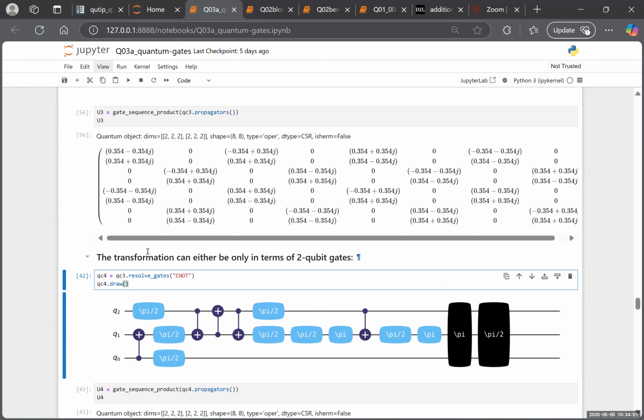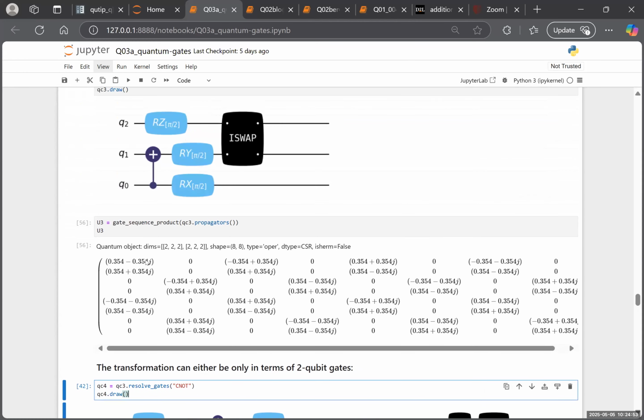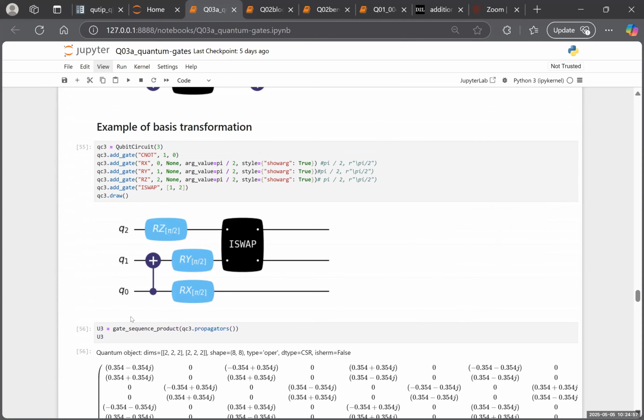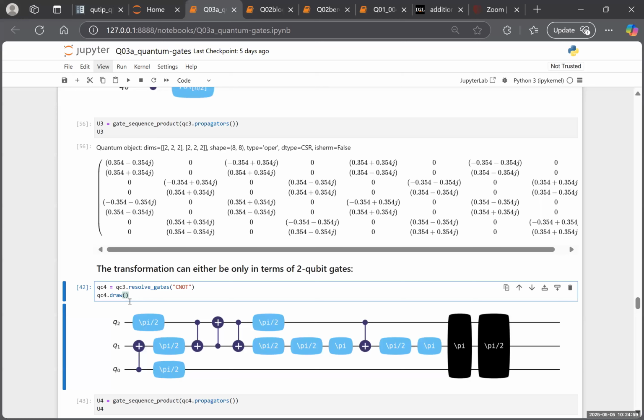It's a circuit, and here it says that you can resolve. It's really just decomposition.